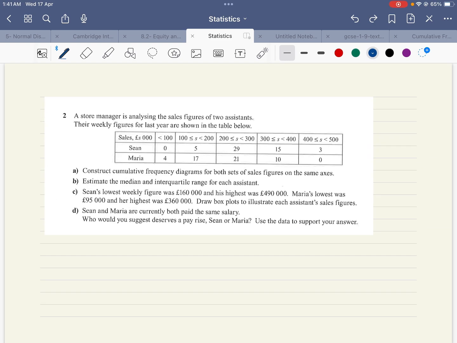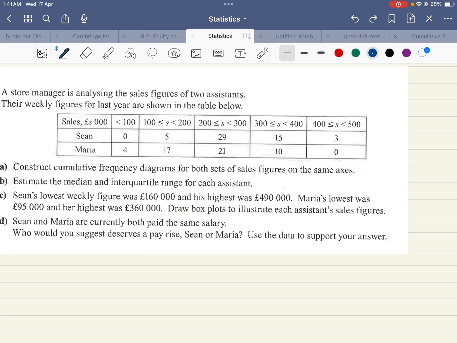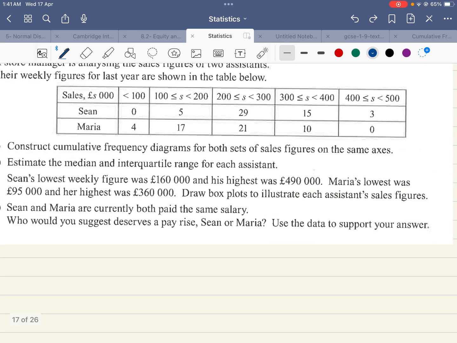Okay, now this is a combined question for cumulative frequency and all. In this one you have to draw two cumulative frequency curves on one single graph. Can you identify if this is a cumulative frequency table or a simple frequency table? It's definitely a simple frequency table. Why? Because cumulative frequencies consistently keep increasing, but here we can see that they are not consistently increasing.